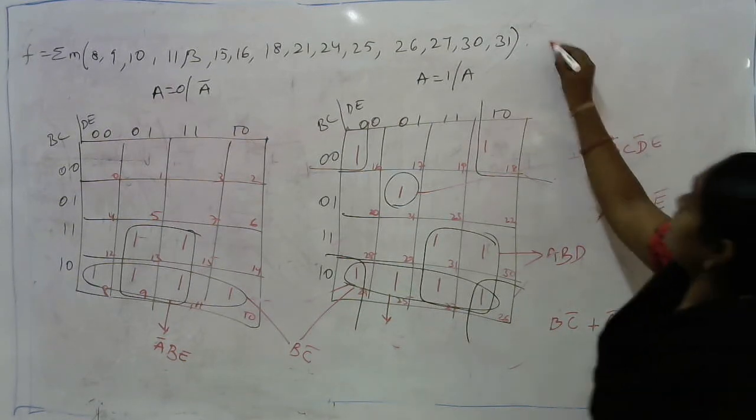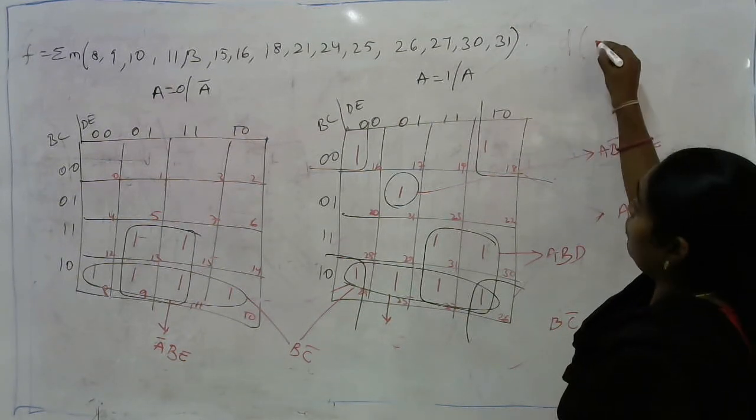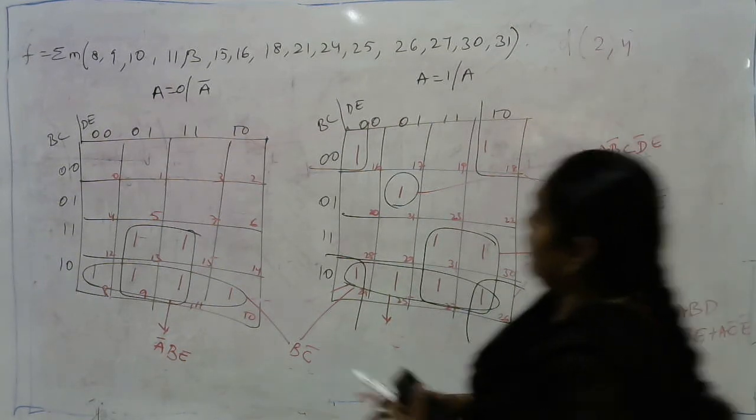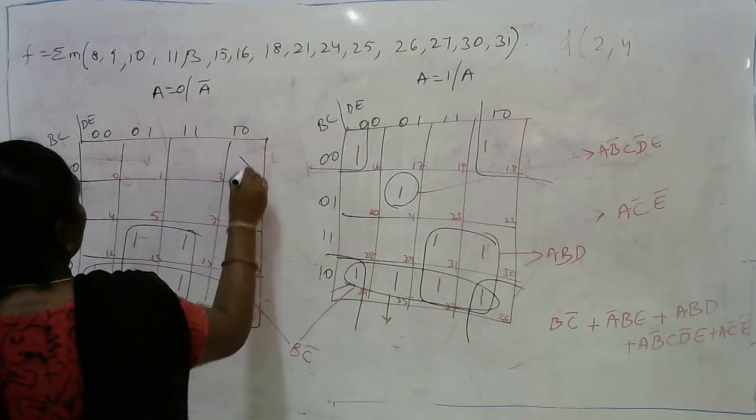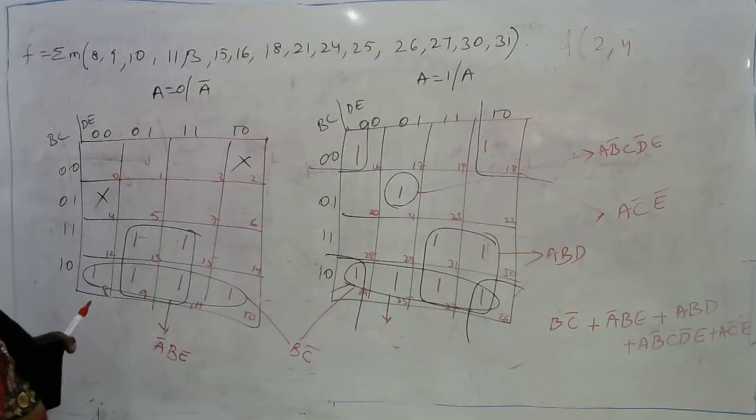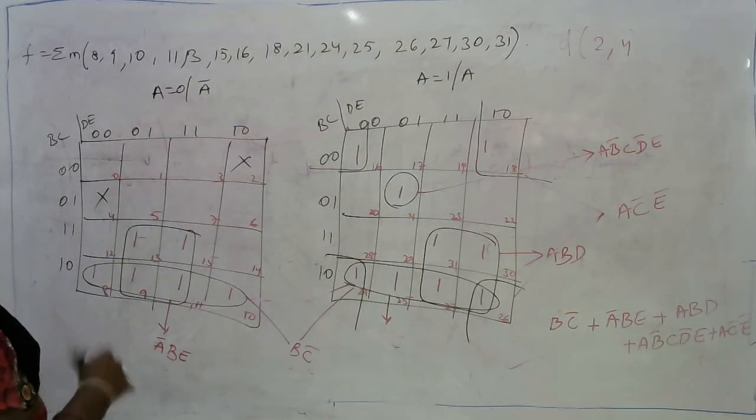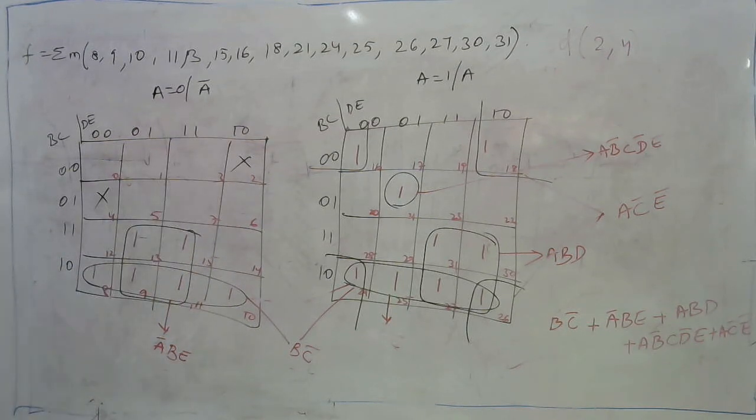Even if this consists of sum of minterms with 2 and 4 as don't cares, if you are able to minimize the expression, you need to consider these don't cares also. Always the don't cares are considered in such a way that if we are able to get the corresponding minimized expression, then only we consider them, else we do not.